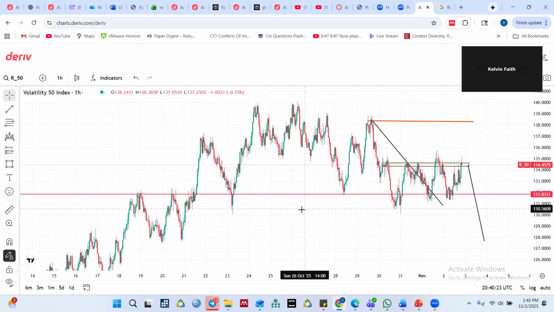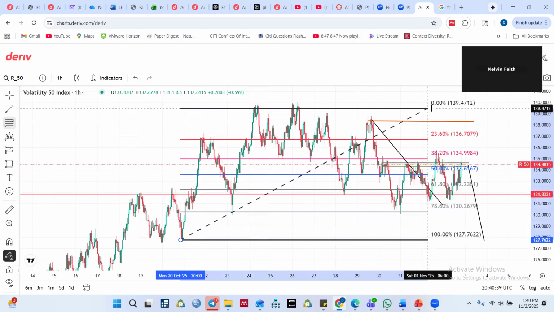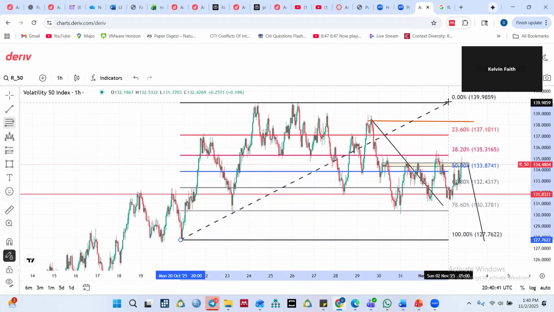The other thing also is that when price dropped here, on the 1 hour we have an indication below this red line. If we look from this point, we use the FIB to measure.